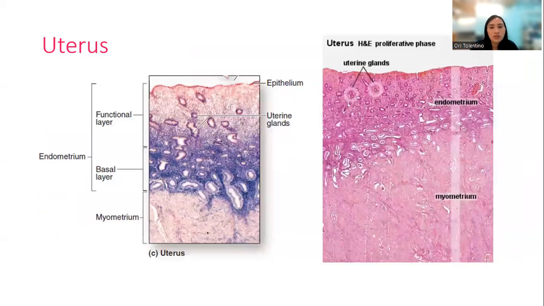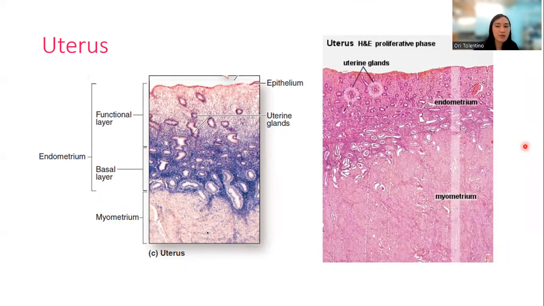To the left is a diagram of the uterus and to the right is a tissue section. When you see an endometrial layer, the endometrium, with a myometrium under it, a very thick layer of smooth muscle, know already that this is a uterus.